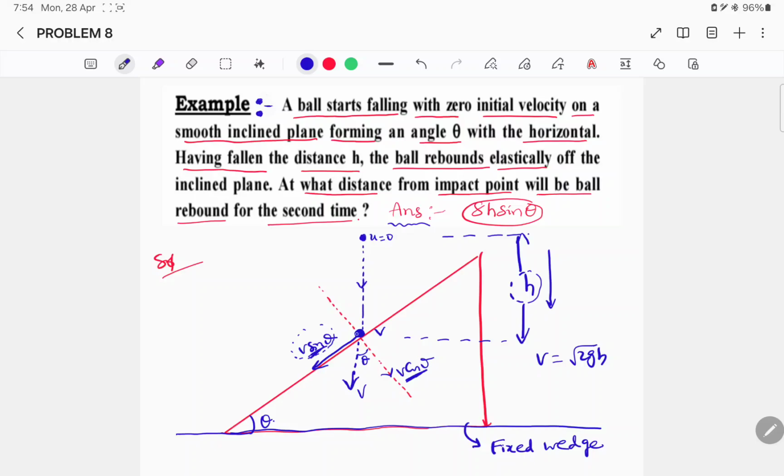So when it bounces off from the inclined plane, this vector abruptly shifts to the opposite direction. As it is a perfectly elastic collision, as mentioned in the question, it will also be v cos theta itself.